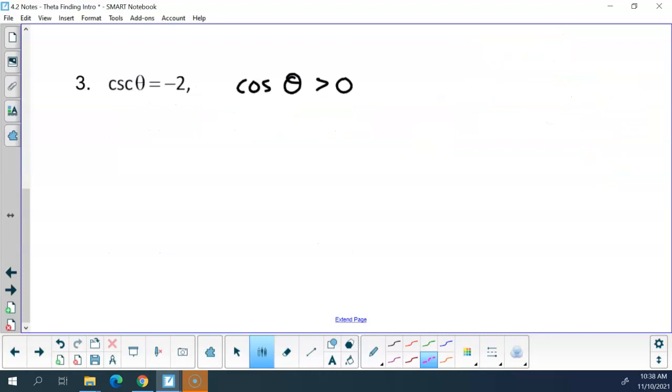Next one. Cosecant is negative. Where is cosecant negative? 3 and 4? Because that cosecant is tied in with sine. Okay? So this is quadrants 3 or 4.